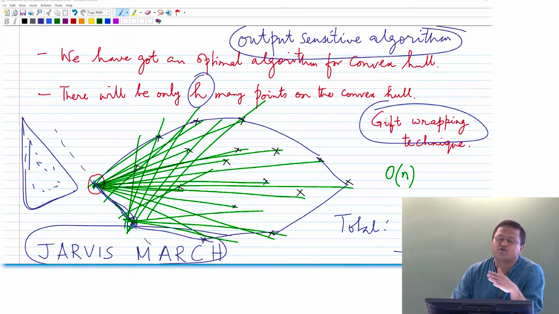If you can figure it out in some other way, I don't have any arguments with you. The only thing that you have to make precise is that this left and right turn you have to compute in order 1 time in a correct fashion. So, this determinant is one way of doing it. You can think of other ways of doing it, right.